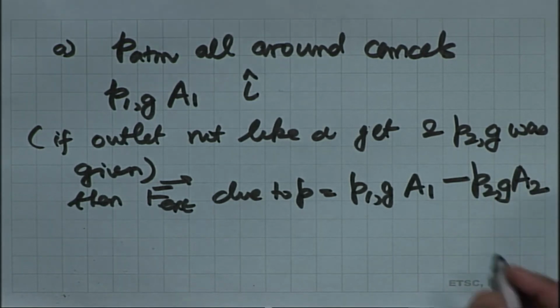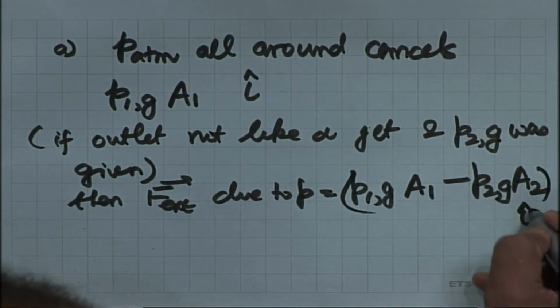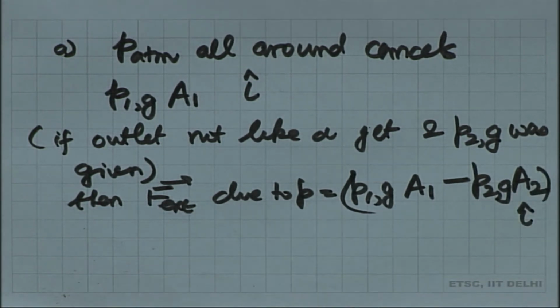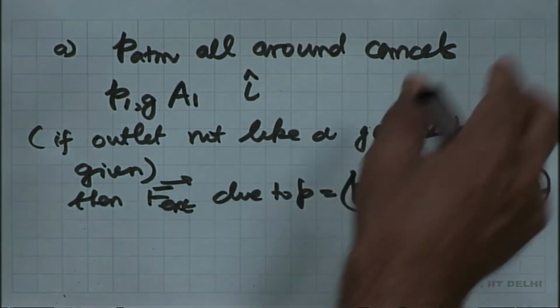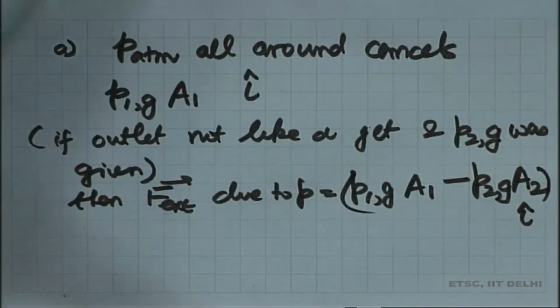So, this would be the net external force on the control volume because of pressure, but now because P2 gauge is 0, we do not count that. Okay. So, this is what it is, and the other one of course we said was weight.